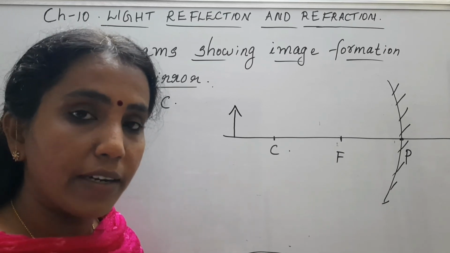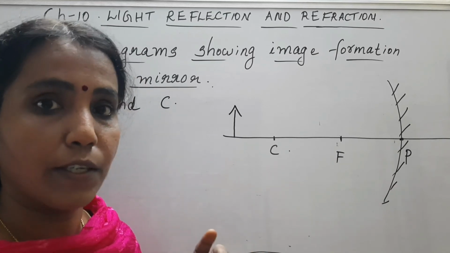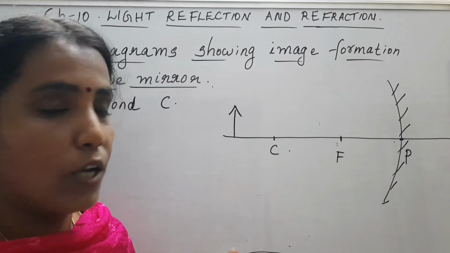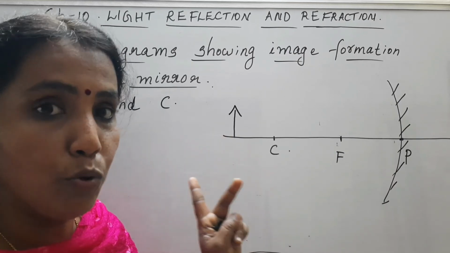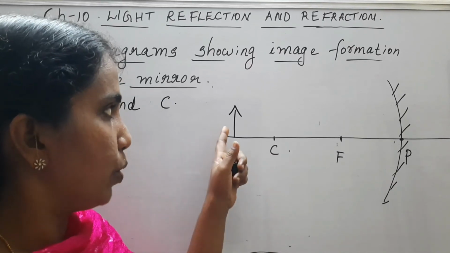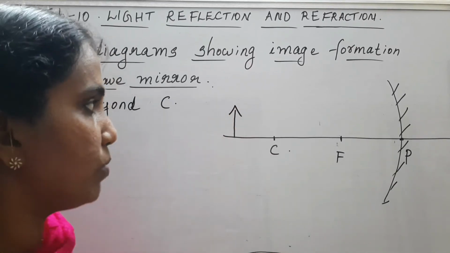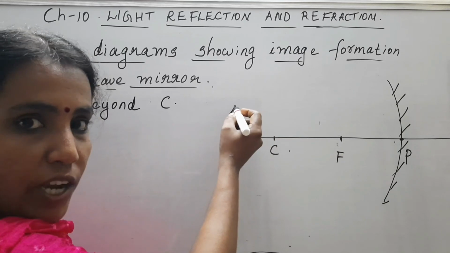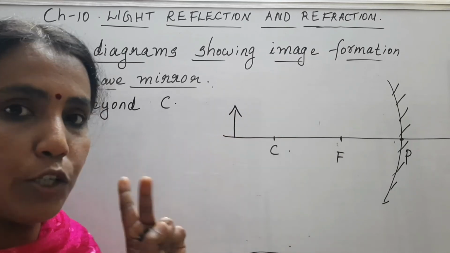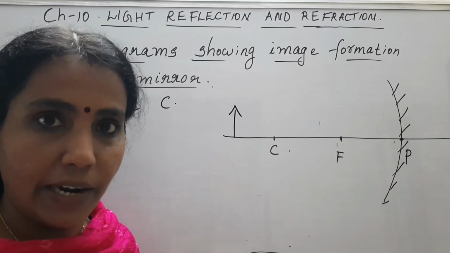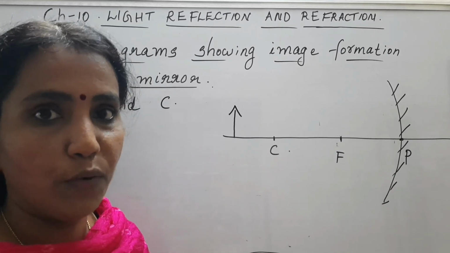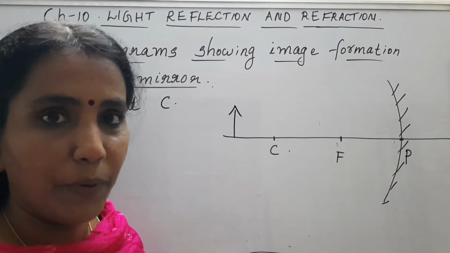I have already told you, at the point of intersection of reflected rays, you will be getting the image. So you should draw minimum two incident rays from the head of the object. Those two incident rays can be any of the four which we discussed in the previous class.